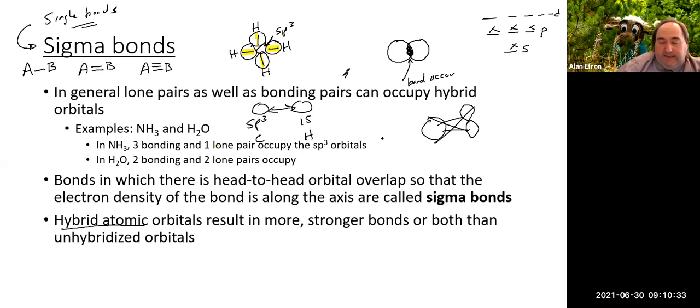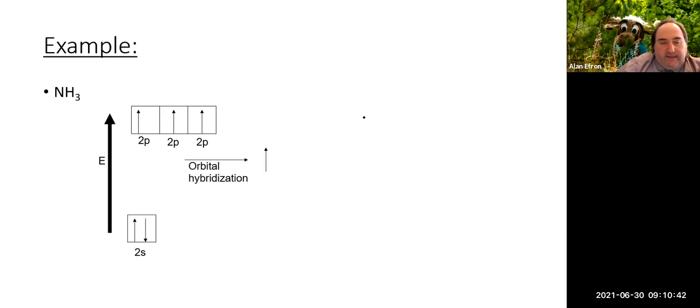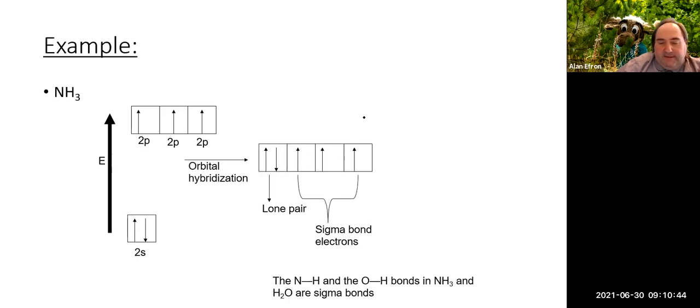Same thing if we looked at our NH3. I think I jumped the gun and did it a little bit earlier, but this is going to give us the ability to make our sigma bonds. Our nitrogen in NH3 looks like this.